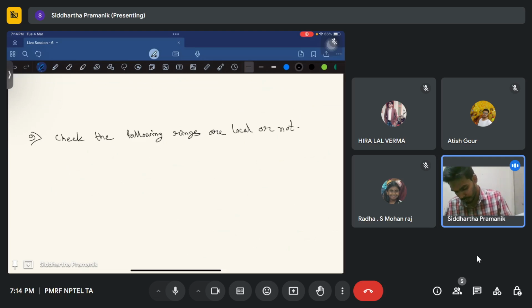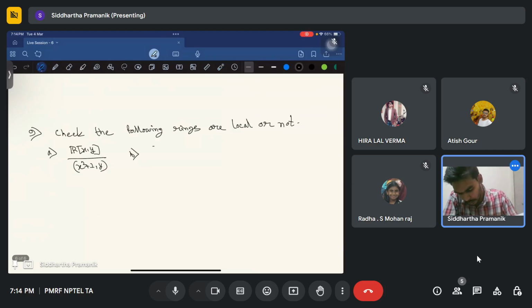The first one is R[x,y] modulo (x^2+1, y). So this is the quotient of the polynomial ring in two variables. The second one is Z[x,y], the polynomial ring in two variables over Z, modulo (x^2+1, y).